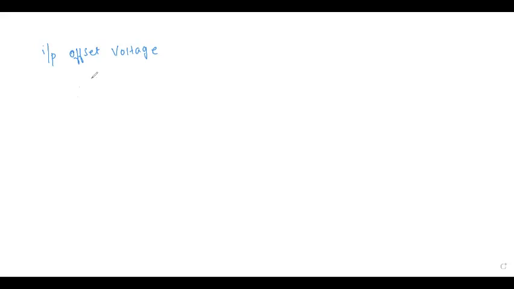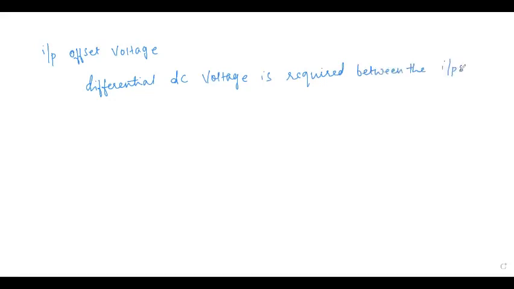So this is the differential DC voltage which is required between the inputs to make the output 0.